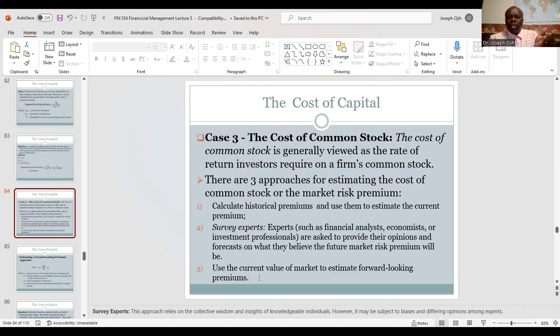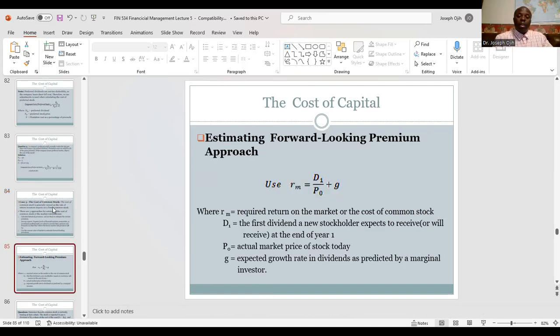We can also use the current value of the market to estimate the forward-looking premium, to estimate the cost of common stock. Now we can use formulas. Look at the formula we use here for estimating it. We have RM, which represents the required return on the market or the cost of common stock.